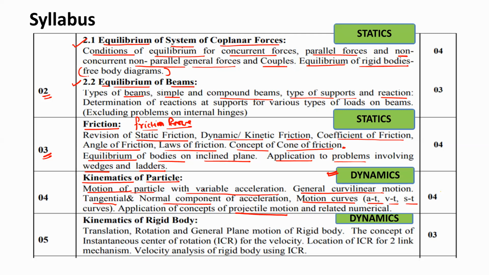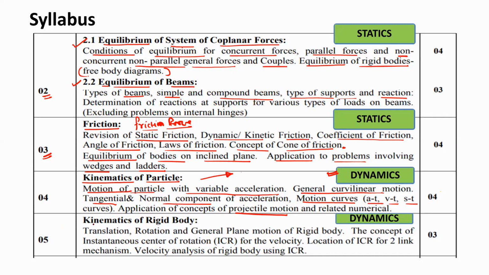Everywhere in the kinematics part, we will deal with the equations of motion: v = u + at, s = ut + half at squared, and v squared = u squared + 2as. By using these equations, we will find velocity, acceleration, time, and displacement. So this is the kinematics of particle.